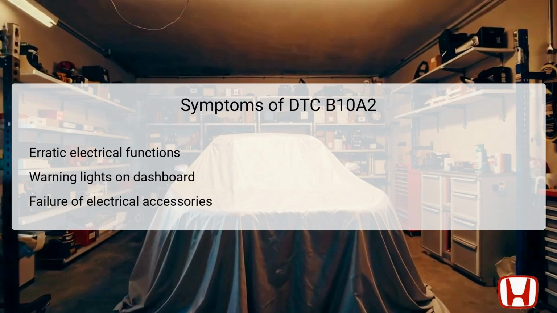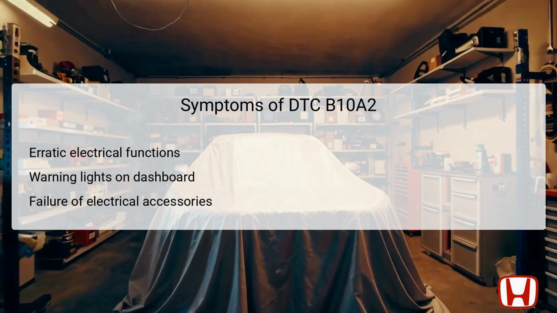The symptoms associated with DTC B10A2 can manifest in various ways. One common symptom is erratic behavior of electrical functions, where components such as lights or wipers may turn on and off unexpectedly. Additionally, drivers might notice warning lights illuminated on the dashboard, indicating potential issues with the electrical system.